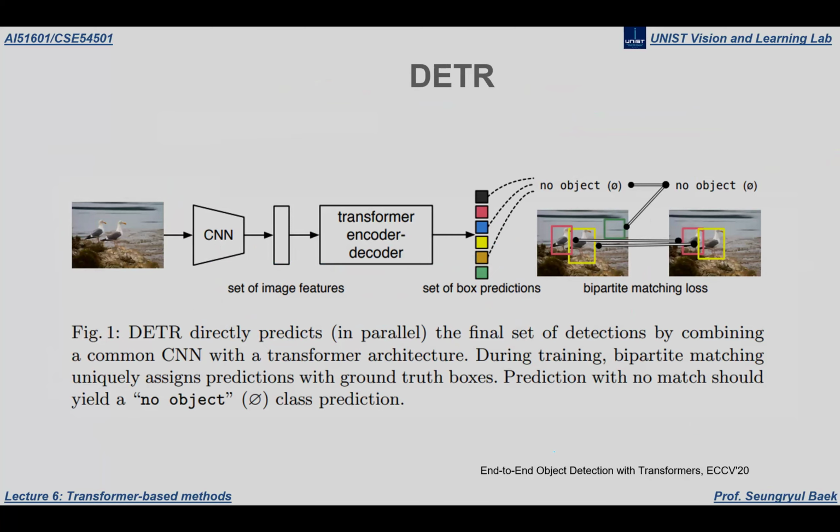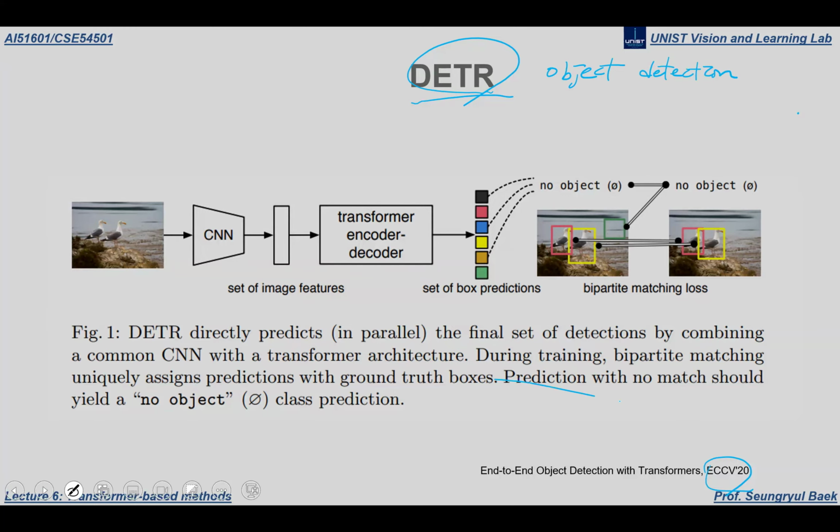And actually, one year earlier, the DETR, which is the detection transformer, had been proposed by Meta. This is actually the first paper that applies the transformer to the vision domain, but in the object detection task.